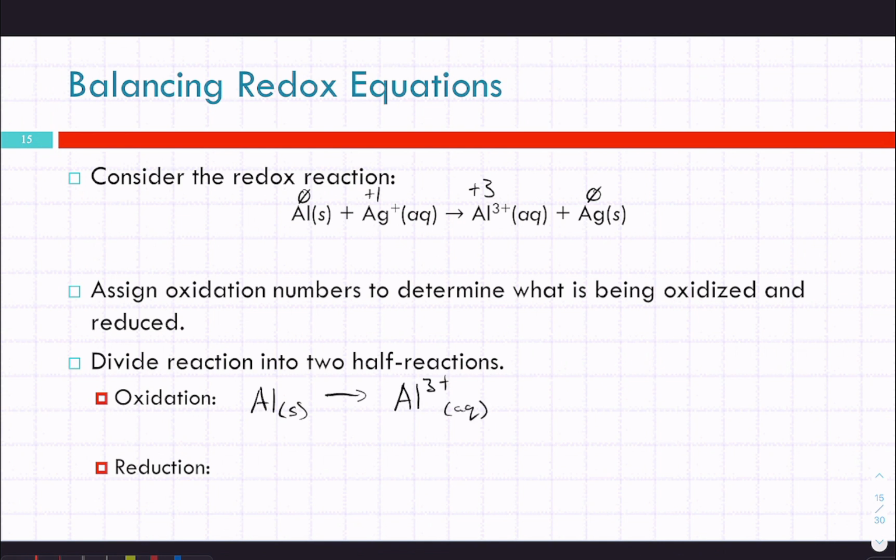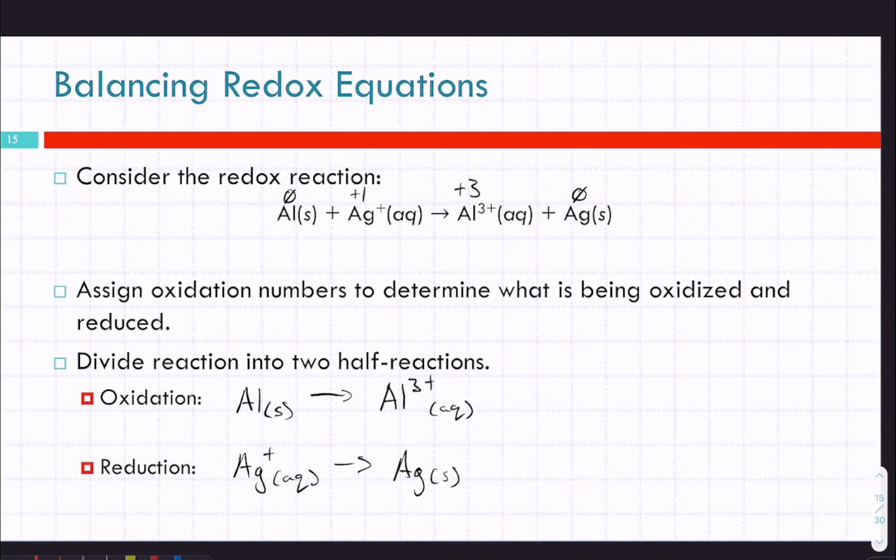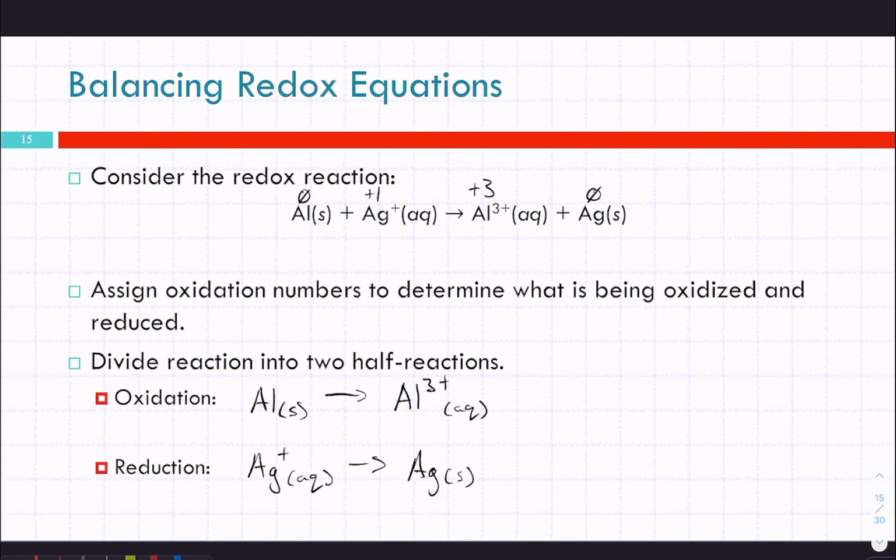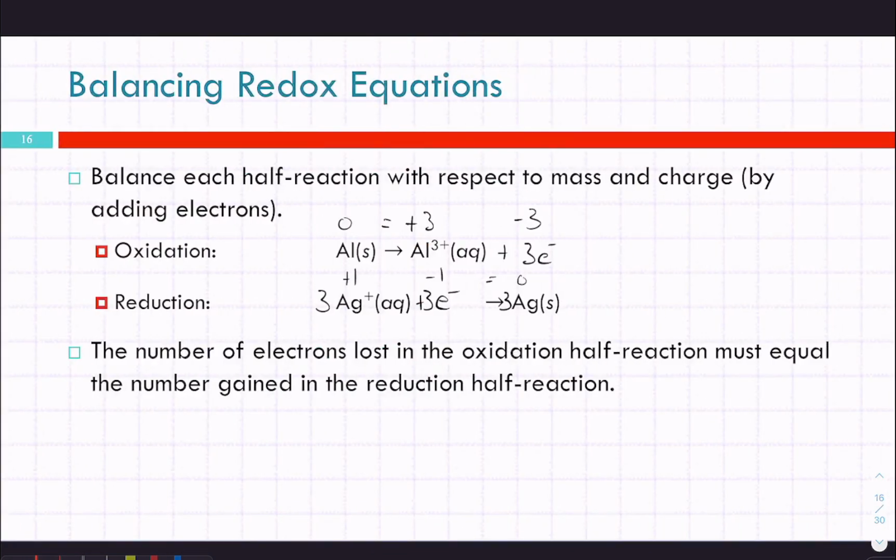Our other half reaction would be silver reacting to make silver solid. All right, so once we have those separate half reactions, we move on to the next step.